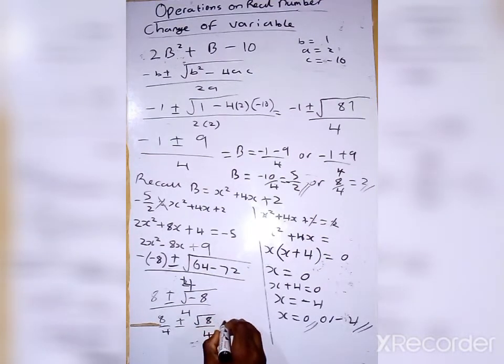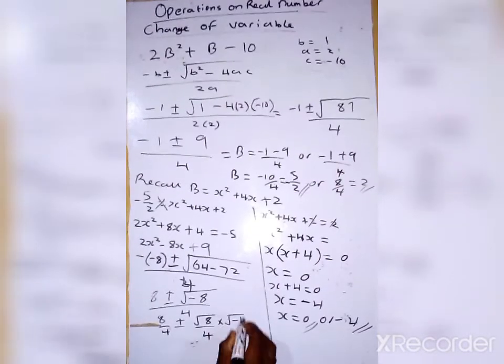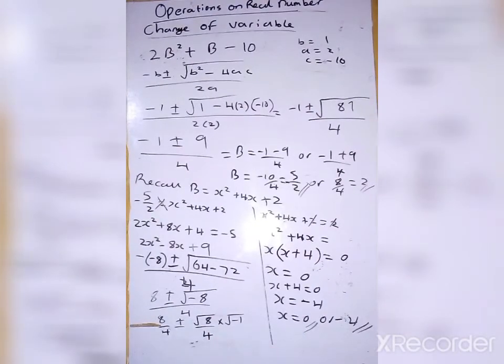Remember, the minus is just multiplied by the square root of minus 1, and from complex numbers, the square root of minus 1 is equal to i. So 8 over 4 gives us 2, plus or minus. Now I can look for the square root, or I can leave it like this also.